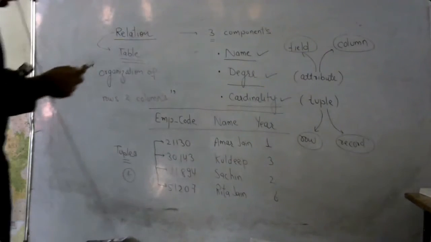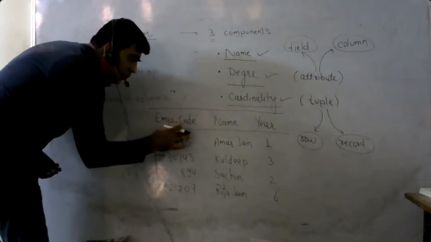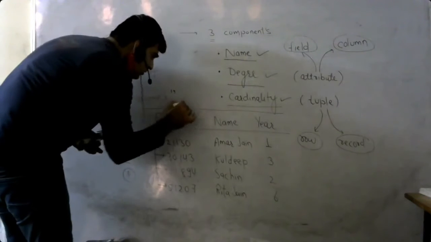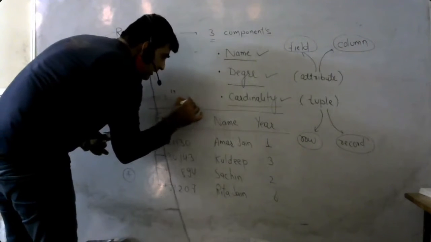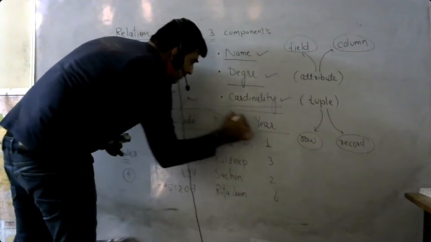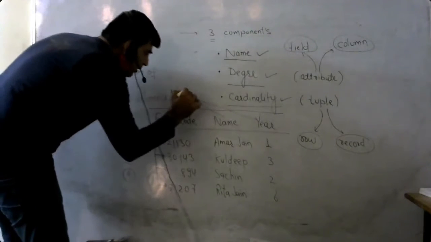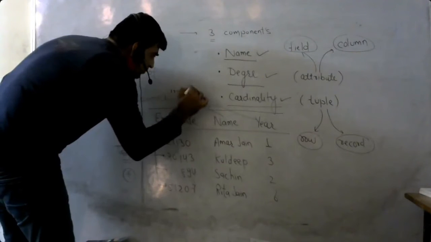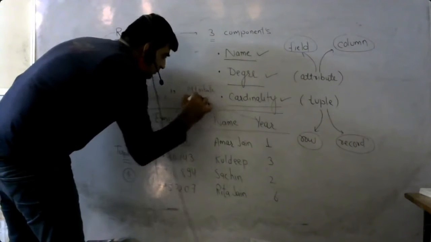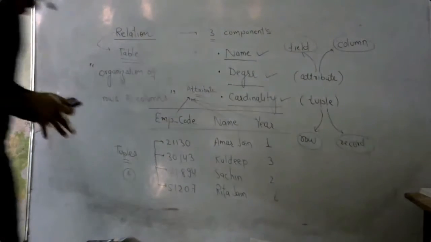And when we talk about EMP code, name and year, all these are known as attributes. So how many attributes can you see over here? There are 3 attributes.